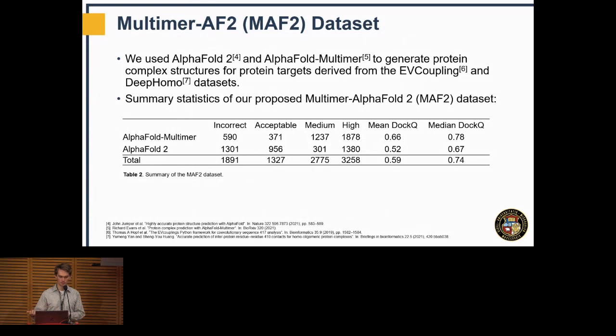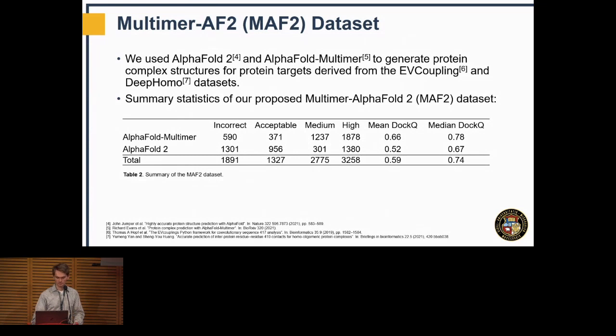Shortly after, AlphaFold-Multimer became available, but we decided, why throw away the AlphaFold 2 structures that we had predicted for these decoy structures from the EVCoupling and Deep Homo datasets? Let's actually combine the two, and you'll see in these statistics there are relative strengths and weaknesses, as you might expect. AlphaFold 2 tends to predict a lot more incorrect decoy structures, whereas AlphaFold-Multimer essentially switches the curves to being much more skewed to the high-quality and medium-quality decoys. So overall, the average DockQ score is around 0.6 for this dataset.